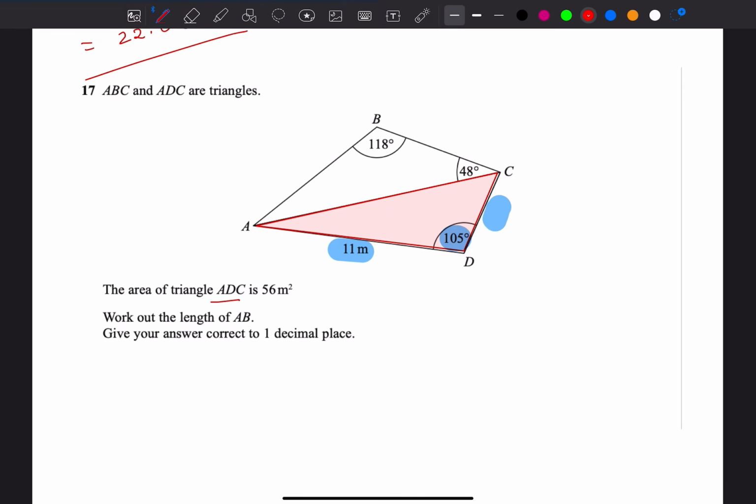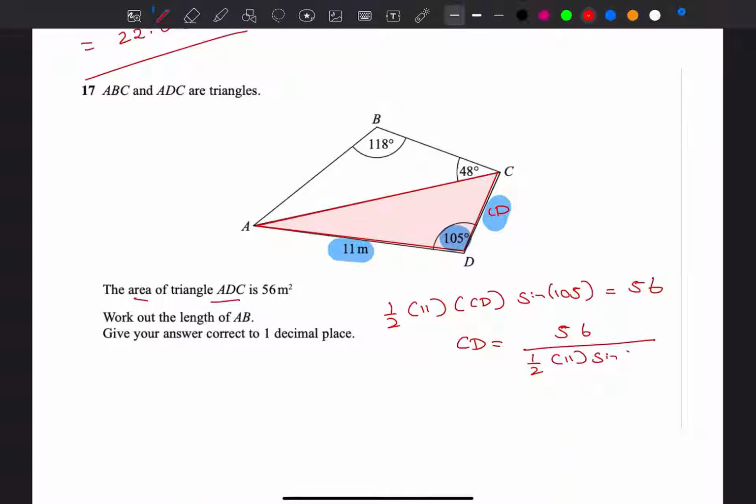So let's call that side CD. So what's the formula of area of a triangle? Half AB, so 11, and then CD guy, sine 105 is equal to the area 56. So you just want the CD, then you're multiplying, so divide it. 56 divided by a half, 11 sine 105.